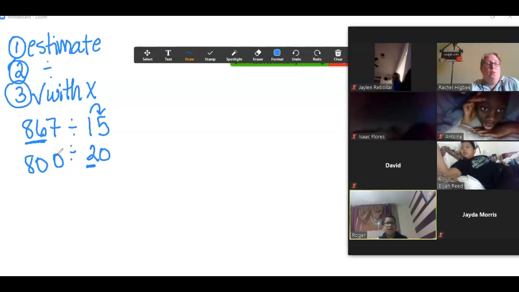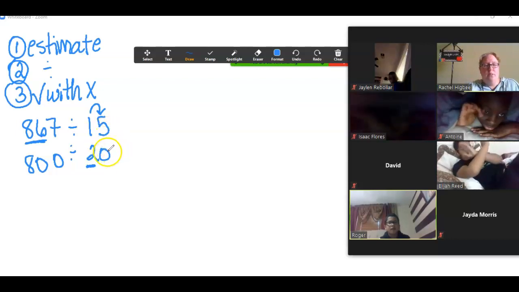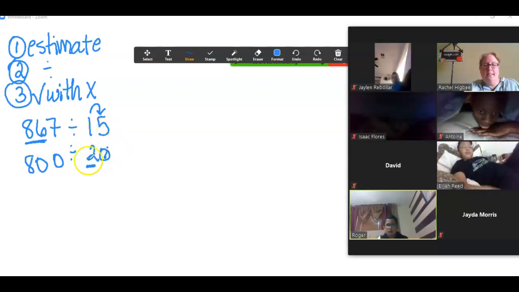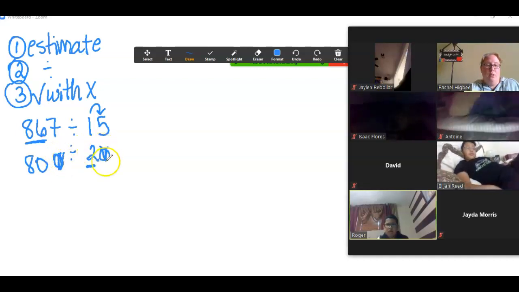Okay, do I have zeros on both sides of the division sign? Yes. Okay. So remember, I can only cross them off if I can match them up and get rid of them. Okay. So I can't cross off all of these zeros. I only have one zero on this side. So I can cross off one zero on this side. Okay.